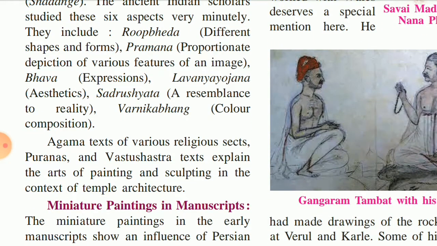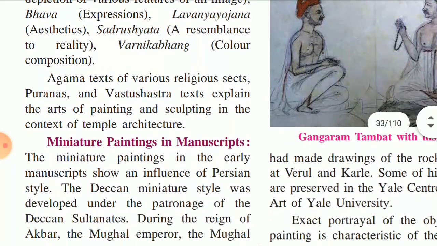Let us move, my dear students, to the next topic, that is miniature painting in manuscript. Manuscript means which is the written form, and in that written form the paintings have been done. So this is considered as miniature painting, the small paintings in between the manuscript.